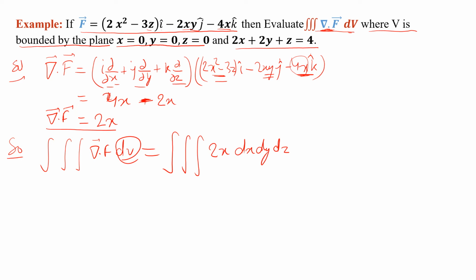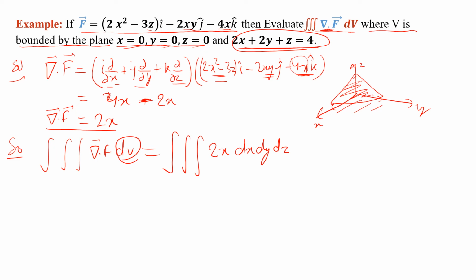If you remember the concept of the triple integral, the bounded region is given by x = 0, y = 0, z = 0 and the plane 2x + 2y + z = 4, so we evaluate in the positive octant.